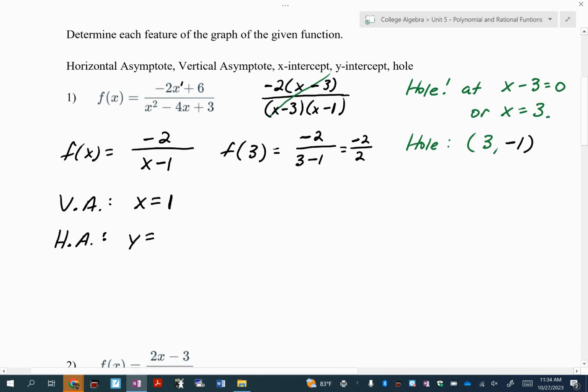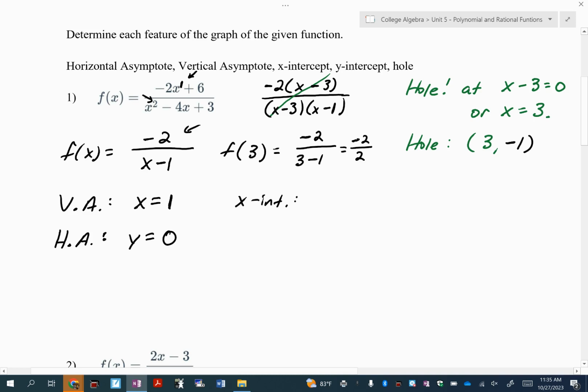So if I look at the original degrees in the top and the bottom, the highest exponent in the top is a 1. The highest exponent in the denominator is a 2. When the degree of the numerator is less than the degree of the denominator, then your horizontal asymptote is y equals 0.